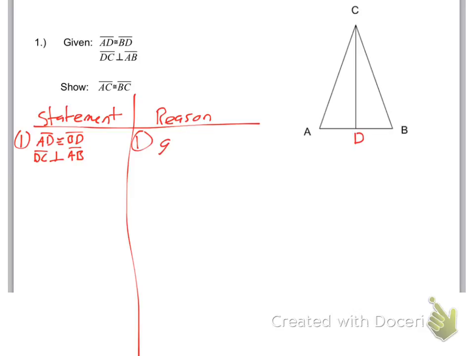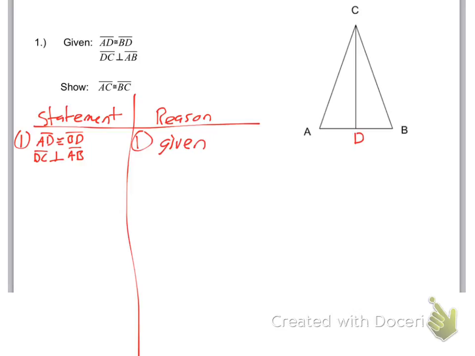Right? We say given. That was the stuff they gave to us. Your last step, guys, which is going to be way at the bottom somewhere, will be AC is congruent to BC. And the reason, we have to figure it out yet. It very well could be a 2-step proof, it could be a 3-step proof, or it could be a 20-step proof. We don't know until we start working with it. Okay?